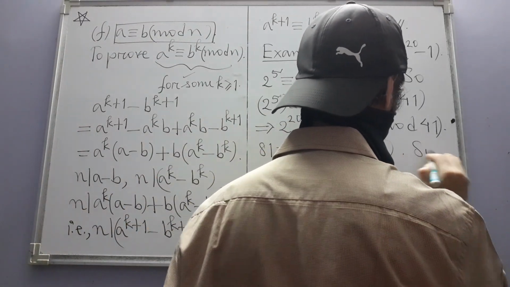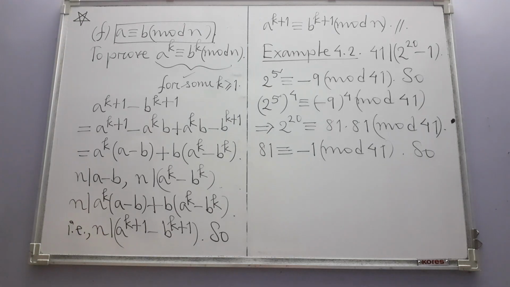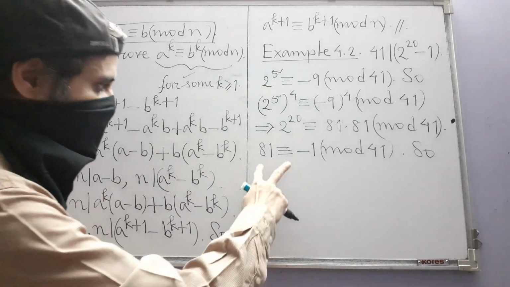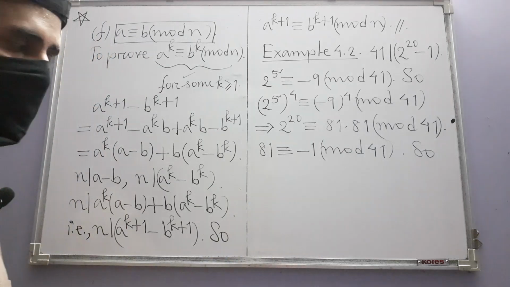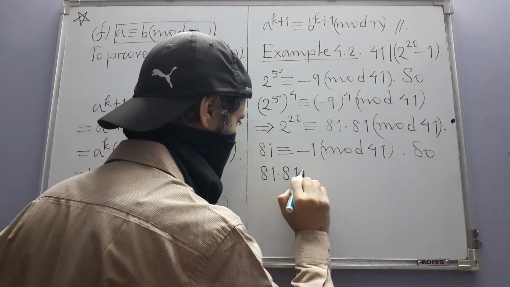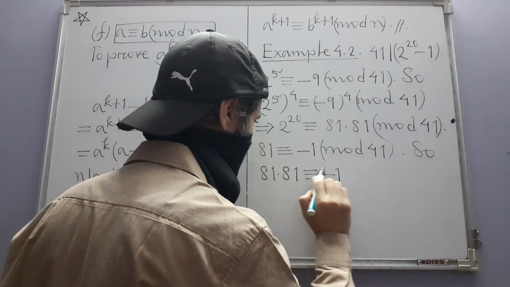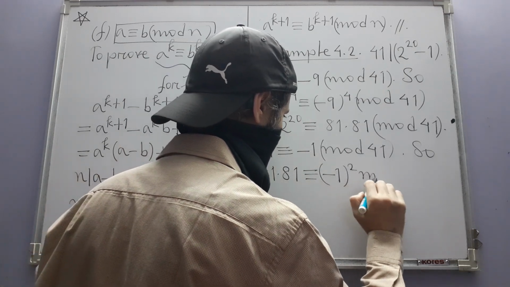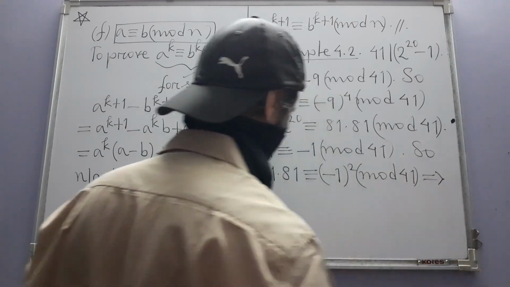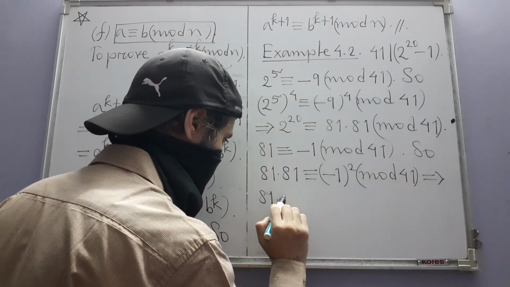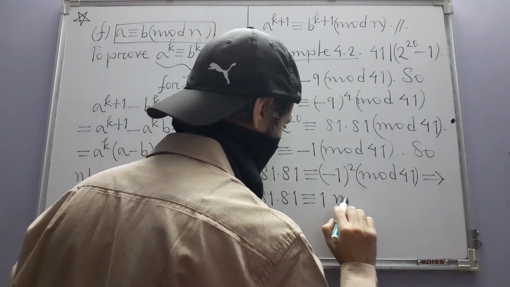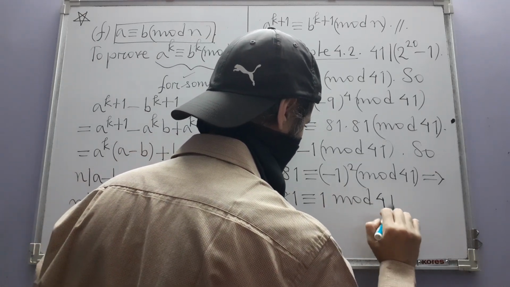So by the fact that you can multiply two congruences, in this case both the congruences are the same, using that fact you get this. And this implies that 81 times 81 is congruent to 1 mod 41.